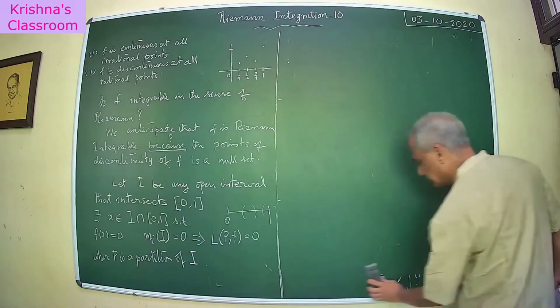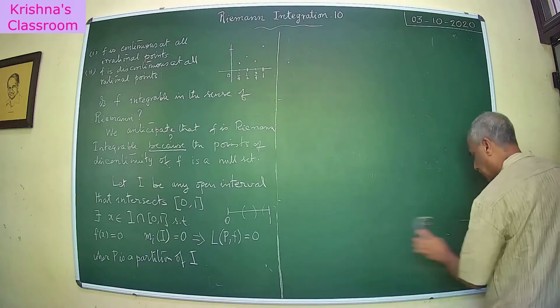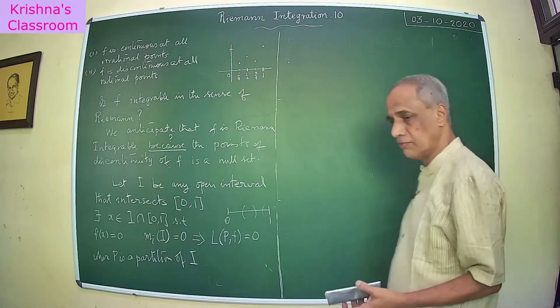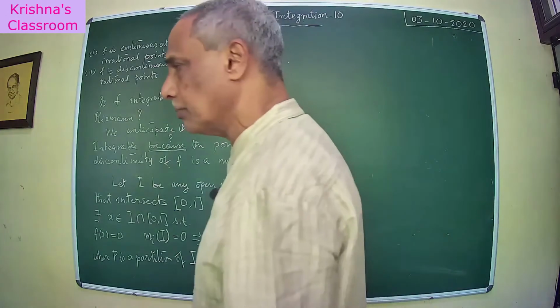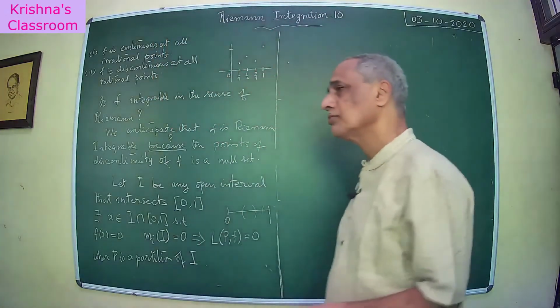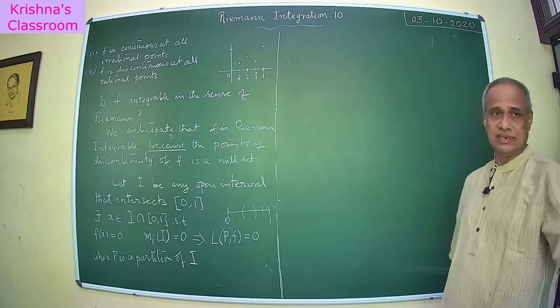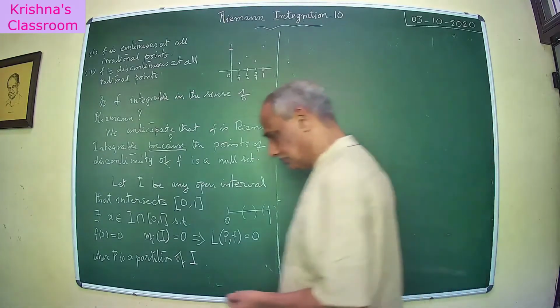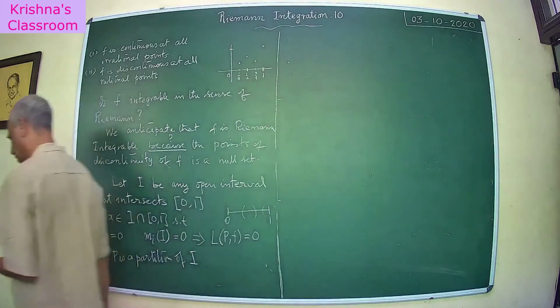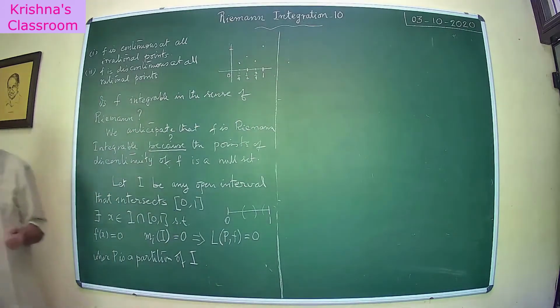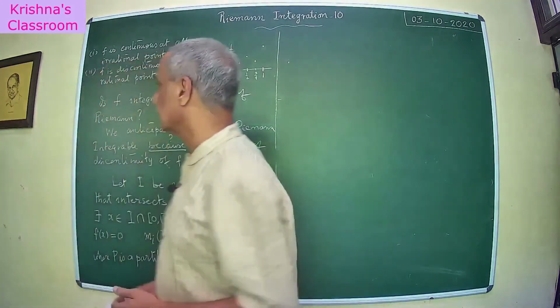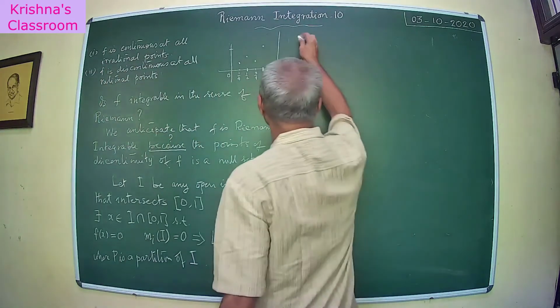So in this case, of course, L(P, f) is 0 for any partition. Therefore, you need worry only about U(P, f). Therefore, U(P, f) is less than epsilon. Now, this is the thing that you have to prove.